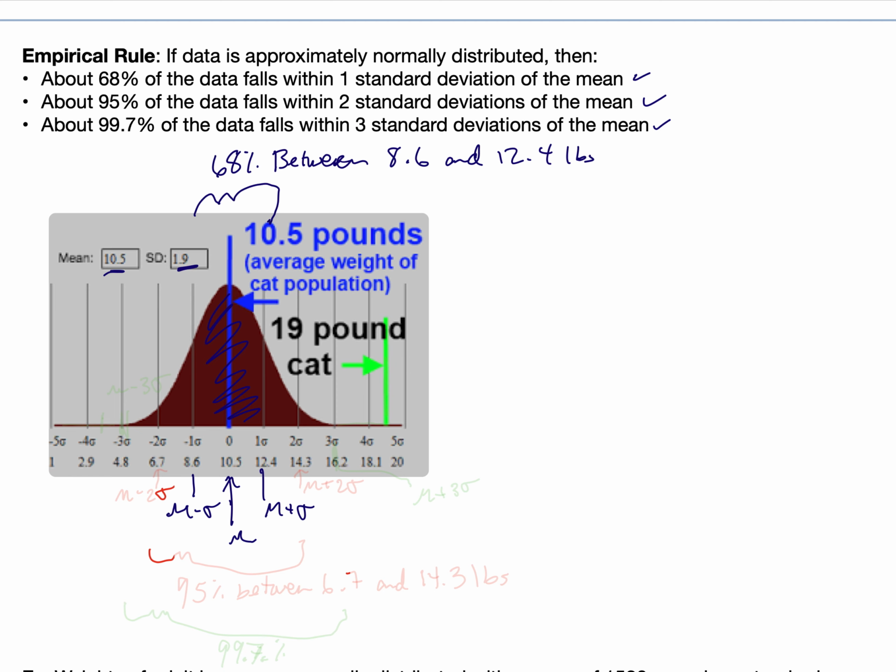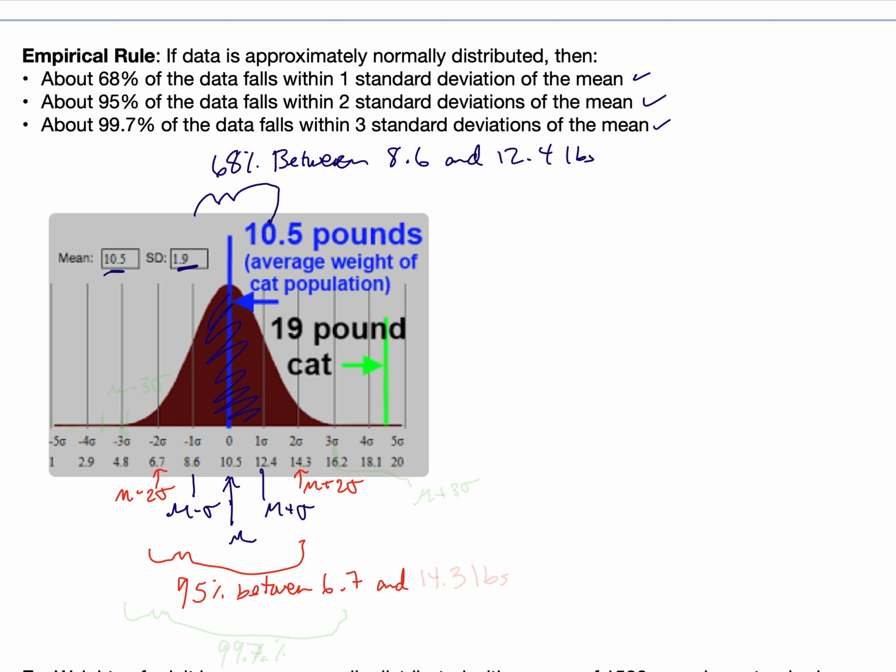Similarly, if we add another standard deviation on, so this is the mean plus 2 standard deviations and the mean minus 2 standard deviations, in that range between 6.7 and 14.3 pounds, about 95% of the data should fall within there.